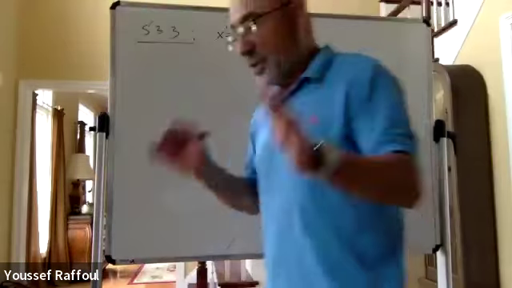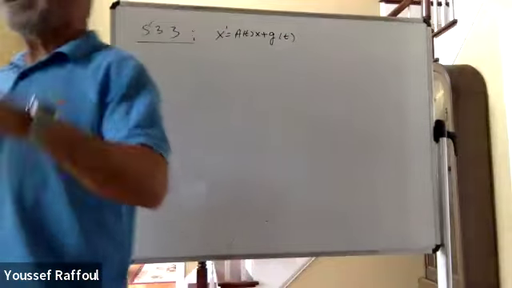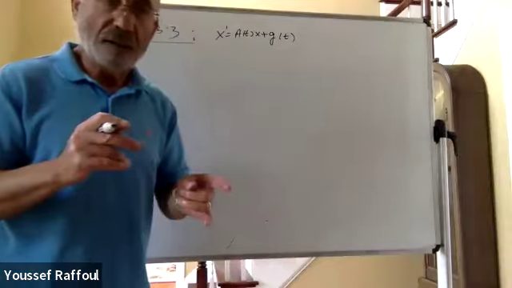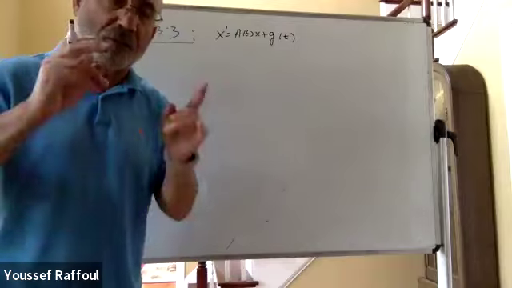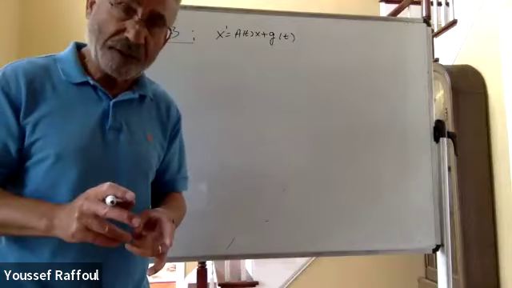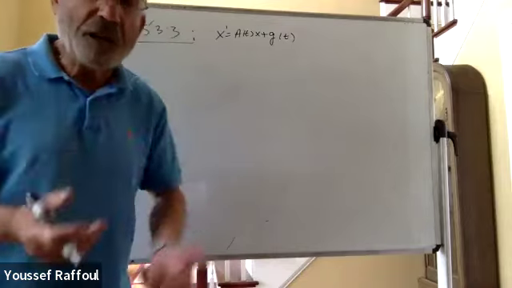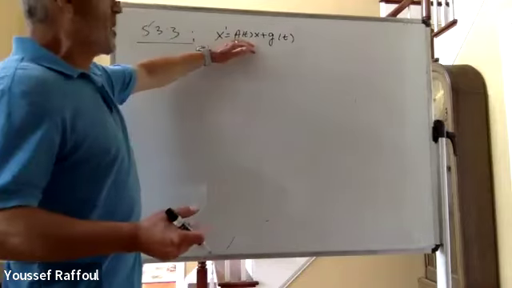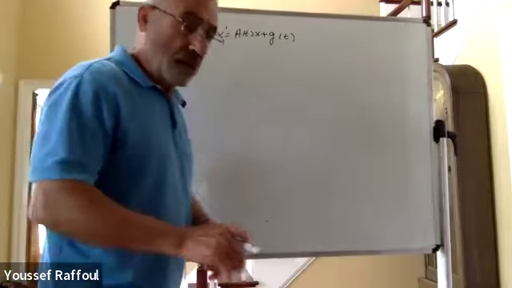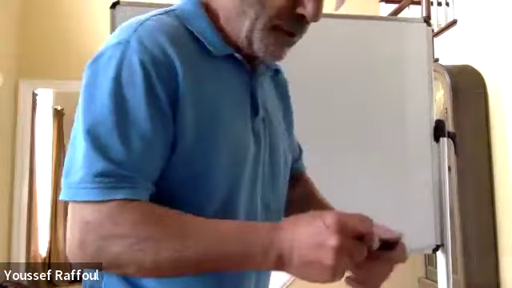When did we make the distinction between A being constant and A not being constant? When we found the fundamental matrix or the exponential matrix, correct? Now we're going to write a general formula that will work whether A is constant or A is a function.